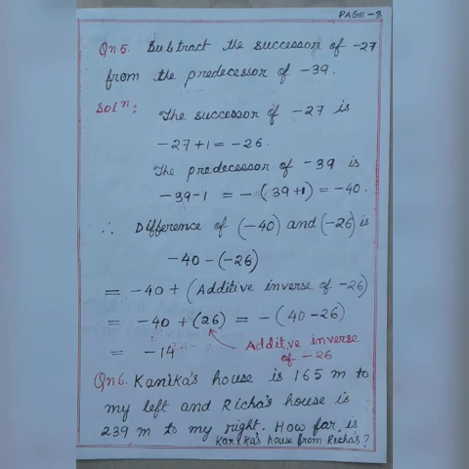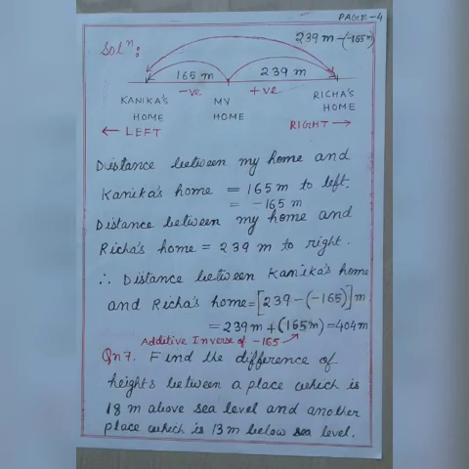Question number 6. Kanika's house is 160 meter to my left and Richa's house is 239 meter to my right. How far is Kanika's house from Richa's house? So I have given you a diagram. At the middle I have my home.